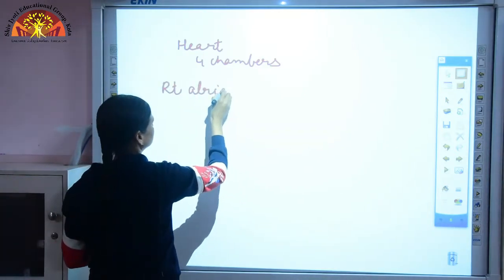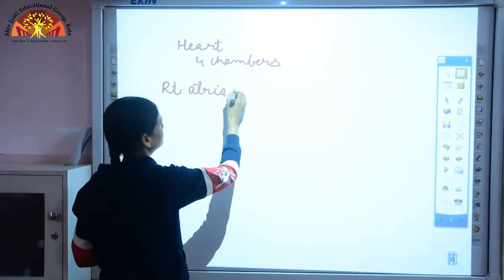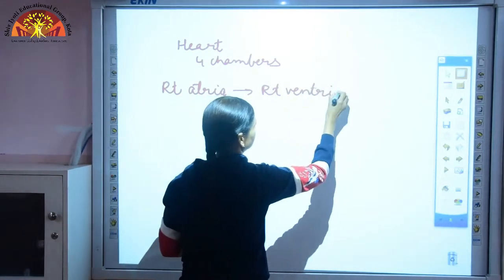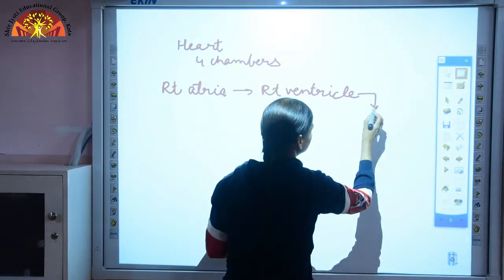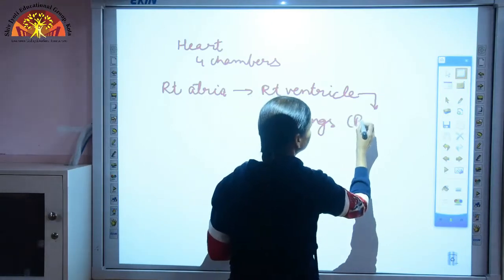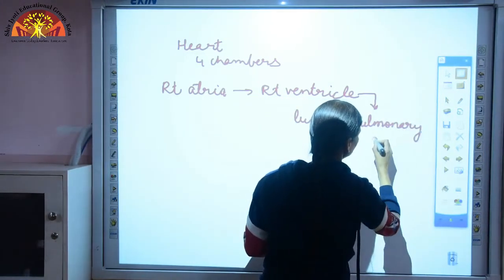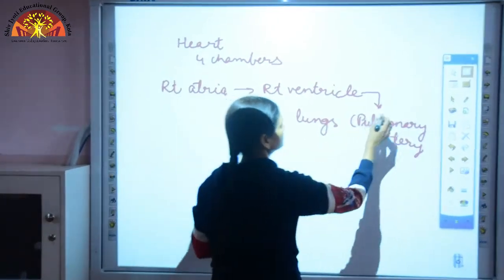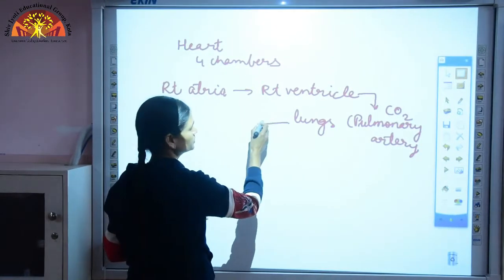ठीक है? Suppose in the right atria blood is coming from the body, then it goes into the right ventricle. From the right ventricle it goes into the lungs through the pulmonary artery. The pulmonary artery takes CO2 rich blood to the lungs for purification.